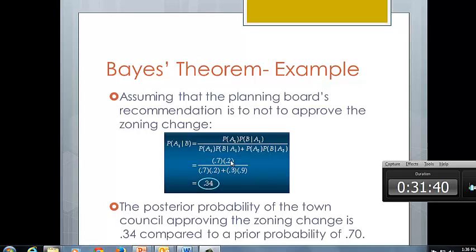So we can literally just plug it into this equation, and we come up with a 34% chance. So the posterior probability of the town council approving the zoning change is 34% compared to the prior probability of 70%. So that additional information definitely changes the probabilities as we are looking at them.